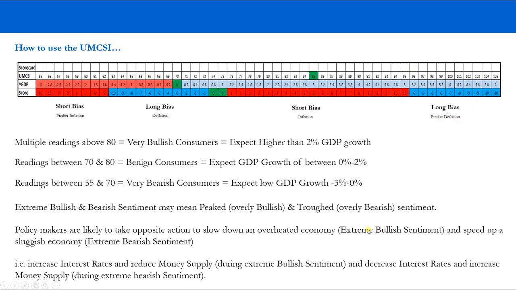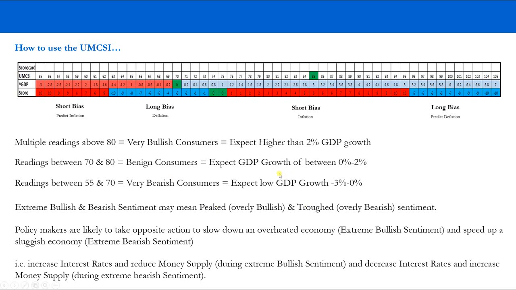It's peaked. And in the opposite situation, we have a sluggish economy where we do have really bad conditions, but the case is extreme. It's more than likely that the Fed in the future is going to try to create inflation to erase this situation. So in the extreme scenario on this side, we have extreme bearish sentiment during a sluggish economy, and we're predicting that in the future we're going to get inflation because the central authorities are going to act.